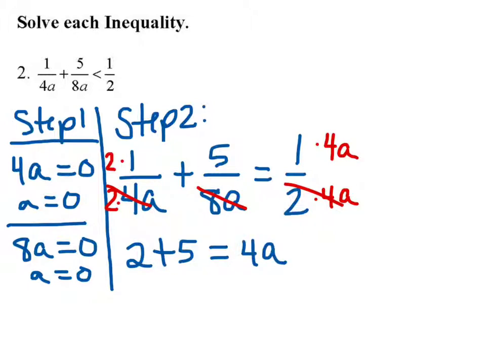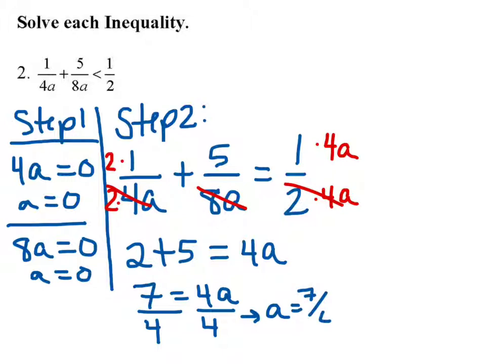Now let's finish this off. I have a 7 equals 4a. Therefore, dividing both sides by 4, we end up with a is equal to 7/4. We have now completed step 2.